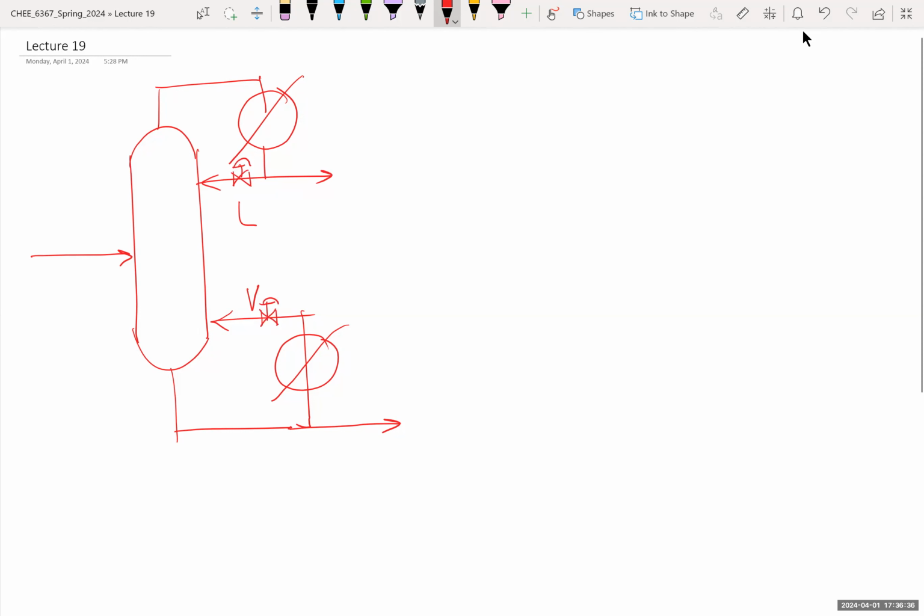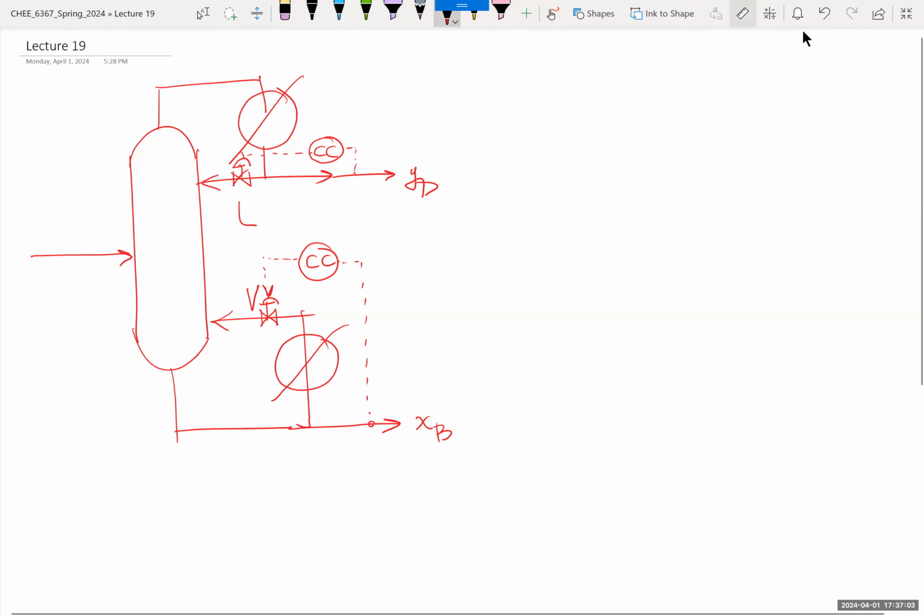And typically we may connect the purity of this stream to the vapor flow rate, and maybe the purity of that stream here at the top with that flow rate, the liquid flow rate.